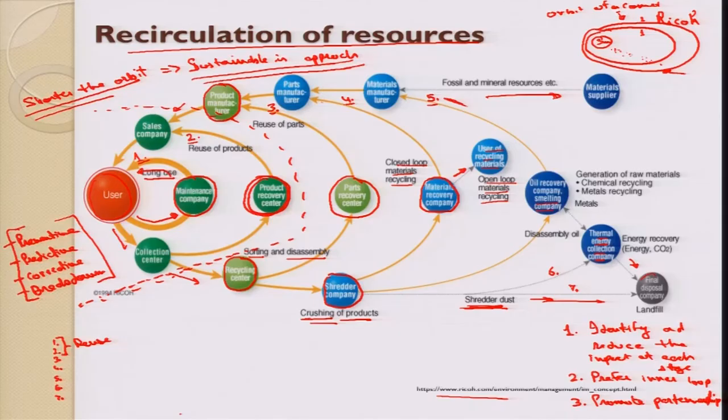So what is happening here, you can see the product and money flow in opposite directions. The product comes to the user and the money goes to the sales company. The product comes to the sales company from the product manufacturer, and the sales company gives money to the product manufacturer.